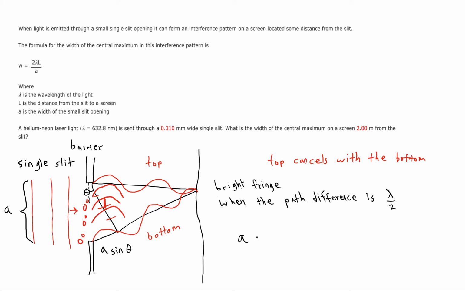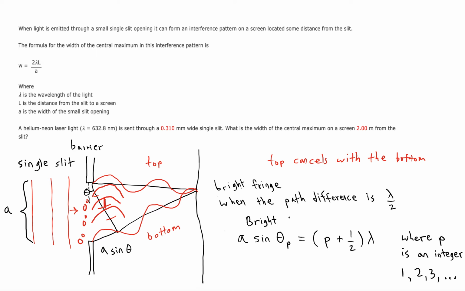A sine theta equals P plus a half times lambda, where P is an integer, but starting at 1, 1, 2, 3, etc. This is where we'll have bright fringes.